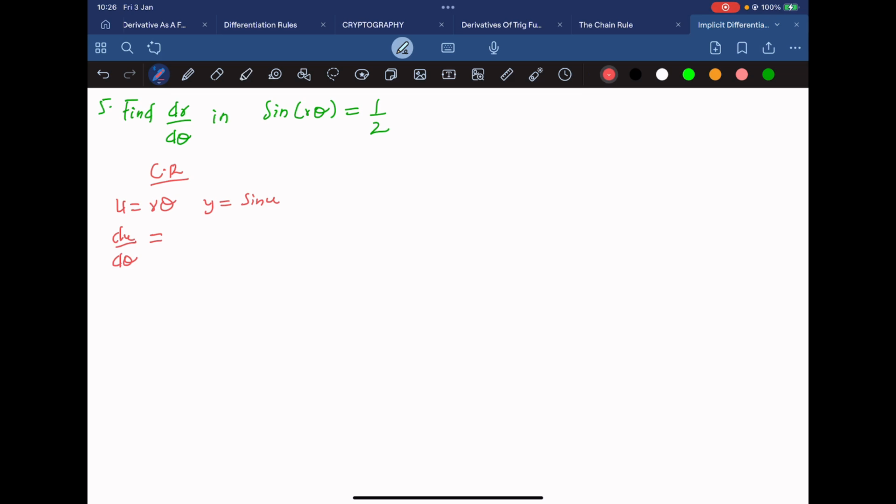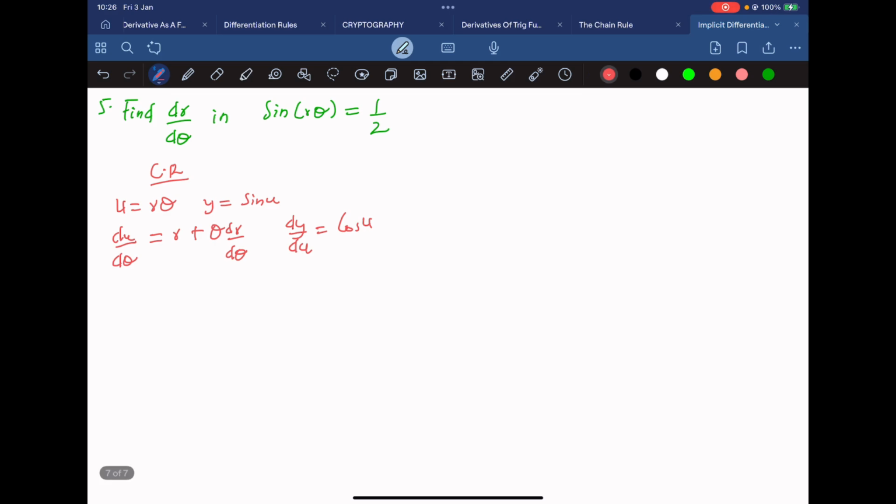We hold r in place, we differentiate theta, we get 1, then plus. We differentiate r with respect to theta and multiply it by theta. So we have θ dr/dθ. I hope this is clear. And then to differentiate y, we have dy/du. If we differentiate sine, we have cosine.